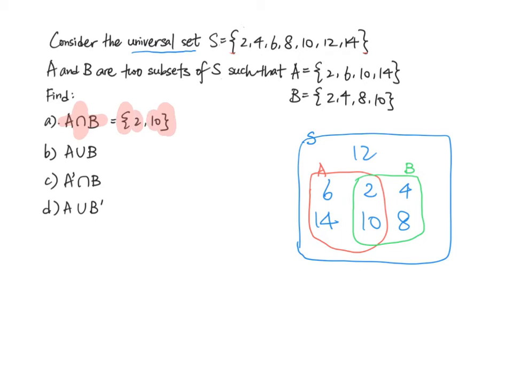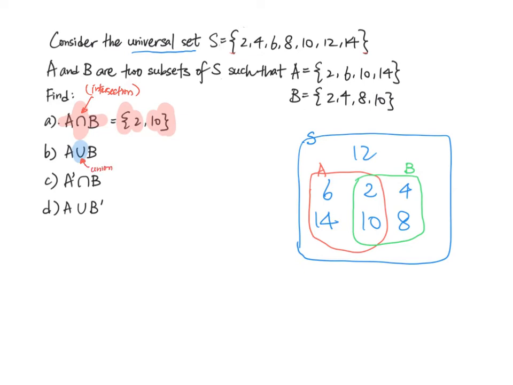All right. Now for part B, we want to find the union of A and B. So this symbol means the intersection, and this symbol means the union.